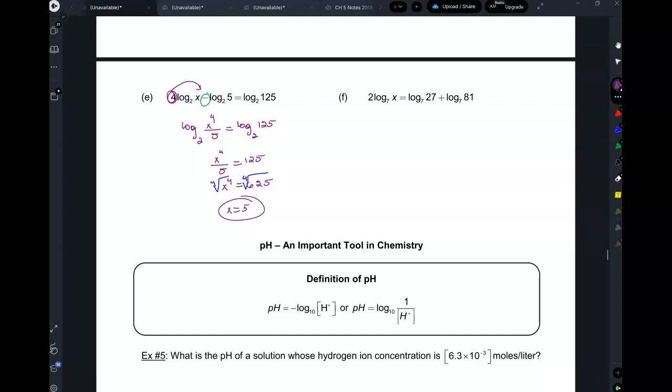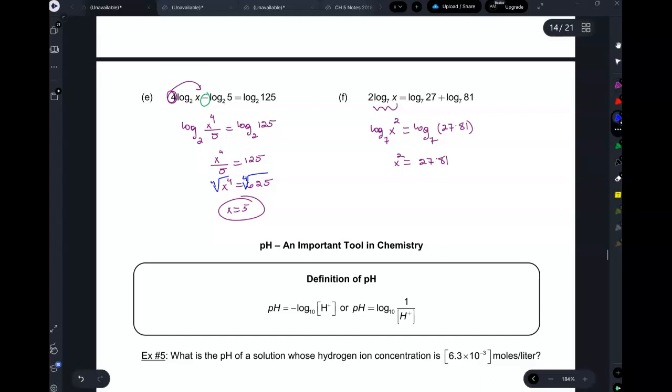Okay, what about the next one? What happens here? Log base 7 of x squared is equal to log base 7 of what? You multiply them, but now look. Don't multiply them out just yet. Just write them as a product. Because now x squared is equal to 27 times 81, right?